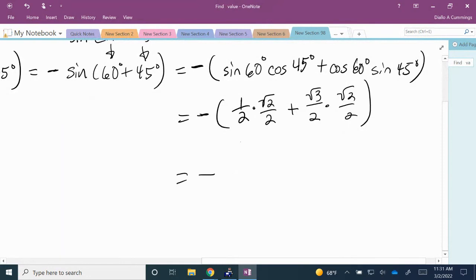I'm going to bring down my negative. We have the first term and the second term.